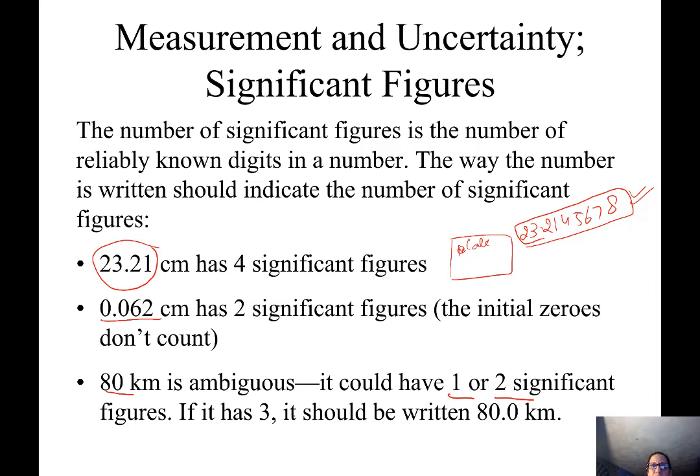If it has 3, it should be written 80.0, which means the decimal should be mentioned. If it was written as 80 kilometers, generally we say that it is 2 sig figs. If it's written as 80 and it's ambiguous, maybe they forgot to put a decimal, it will be correct to say it's 1 or 2.